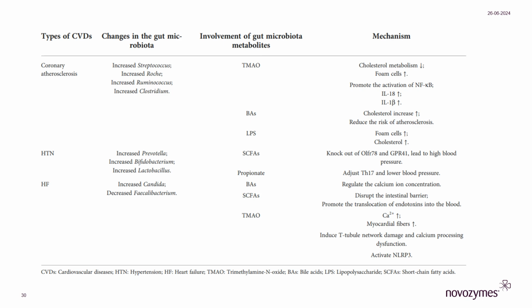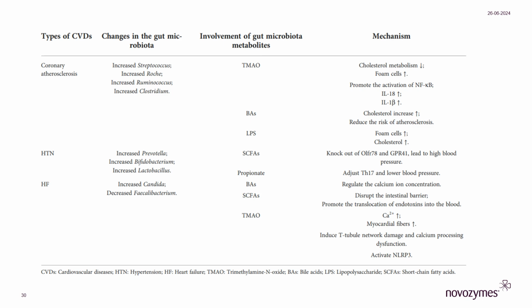In hypertension, we saw an increase in Prevotella species, as well as increased Bifidobacterium and Lactobacillus. Now, what's interesting is these three groups of bacteria will all make short-chain fatty acids, but their impact is quite different on the body and on the heart. Particularly with the Bifidobacterium and Lactobacillus, especially the Lactobacillus, they make short-chain fatty acids like propionate.